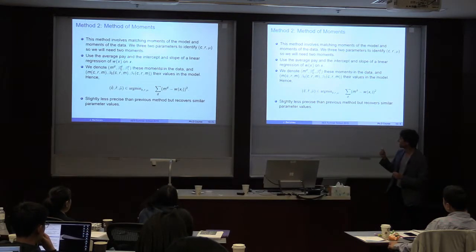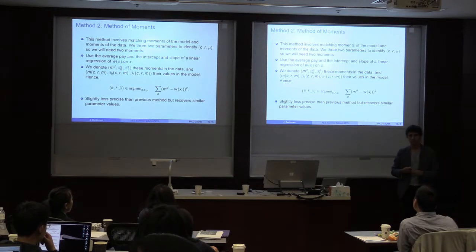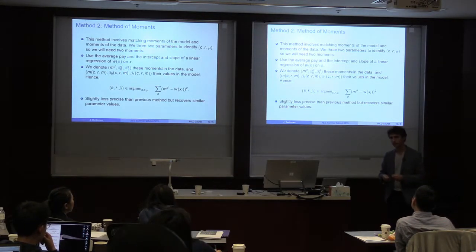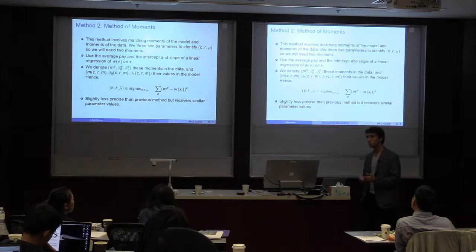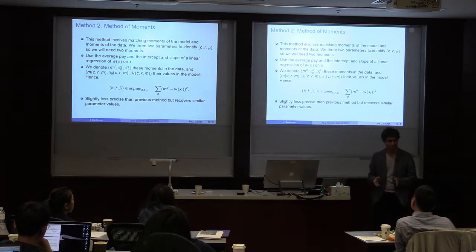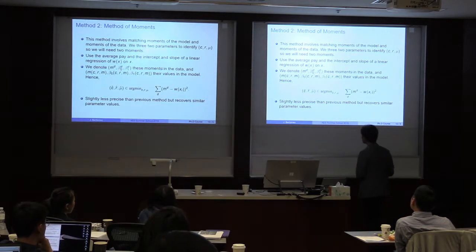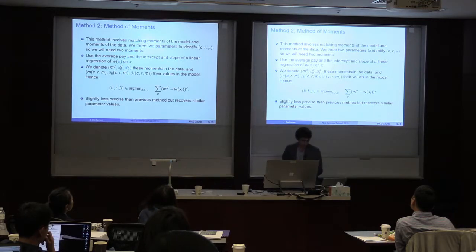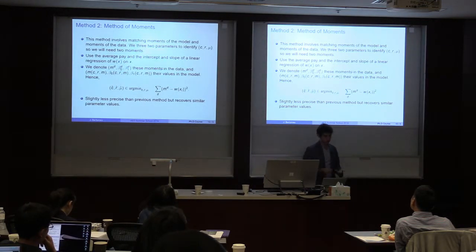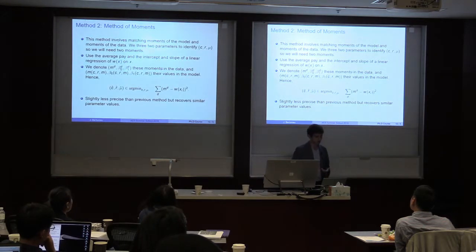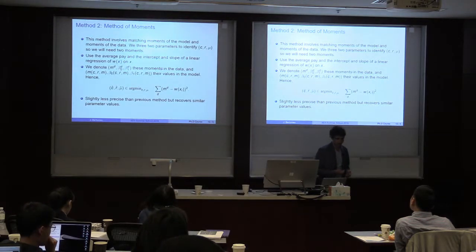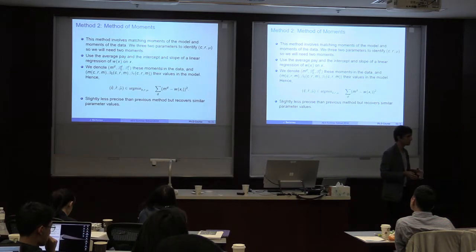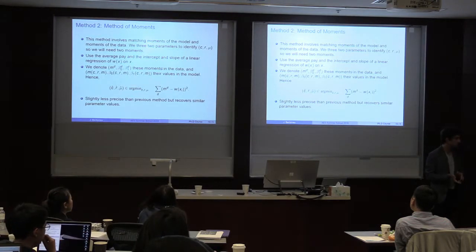That's why many authors like method of moments. And what method of moments is doing is saying, I'm not going to try to fit point-wise. Instead, what we'll try to fit is moments of the data. All right, so how do we do this? Well, essentially, I would calculate the value of the moment in the model versus the value in the data.